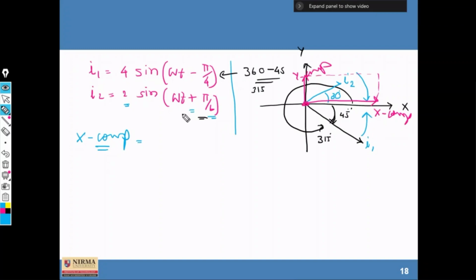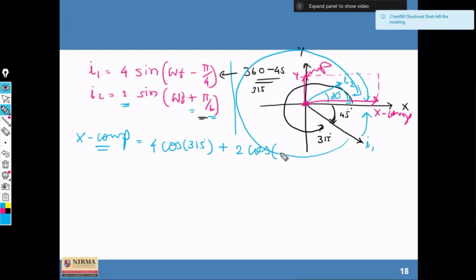And then we write the cos term, because if we resolve this I2 and this current I1 onto the x-axis, we can write 4 cos 315 degrees plus the I2 current. The I2 current magnitude is 2 cos 30 degrees. So this is positive. We can write this x component.